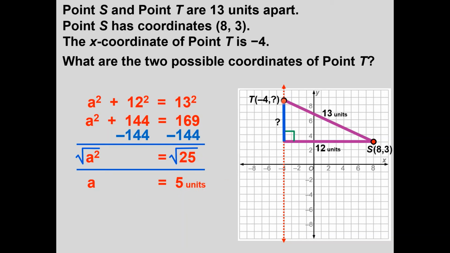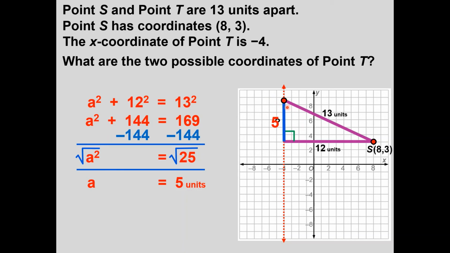So this length here is really 5. Hey, that's convenient. That tells you point T is 5 steps above this line right here. And this line is already 3 high. If our point is 5 steps above 3, that would make it 8 high total. So the coordinates for T should be -4, 8.